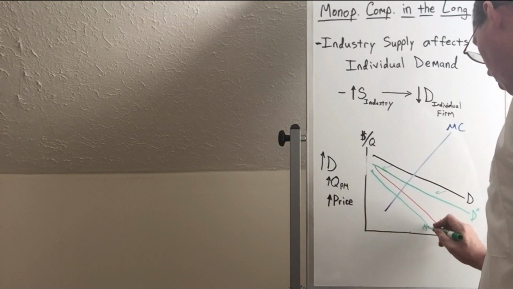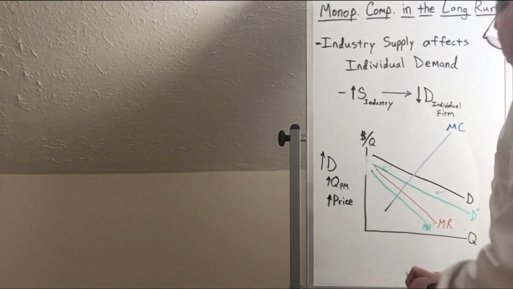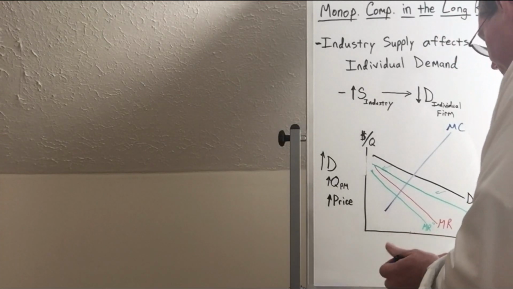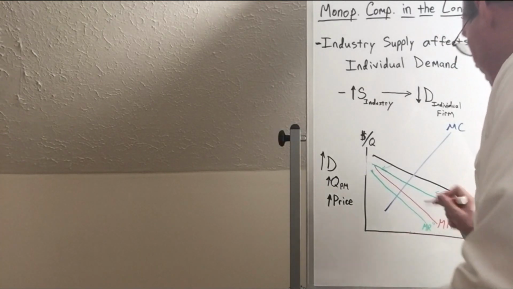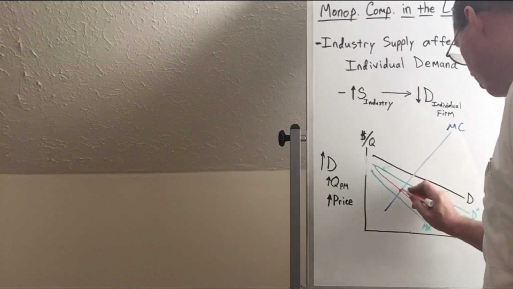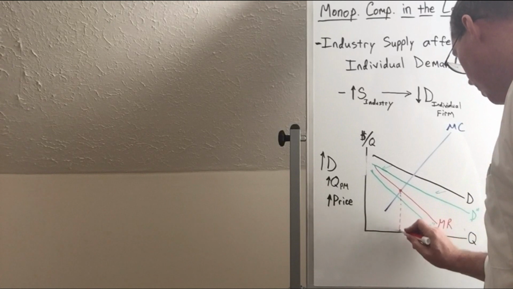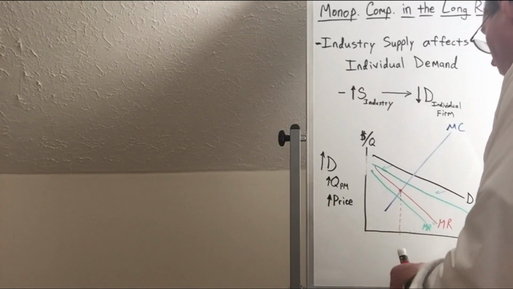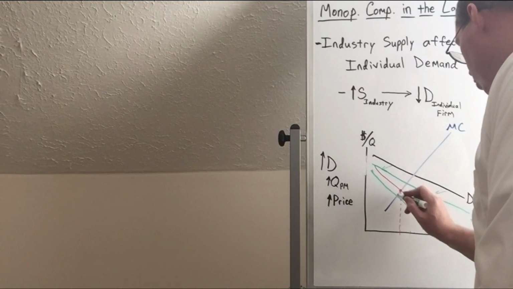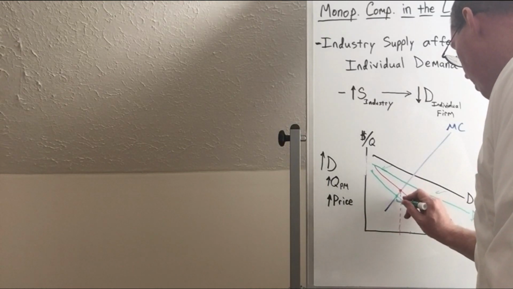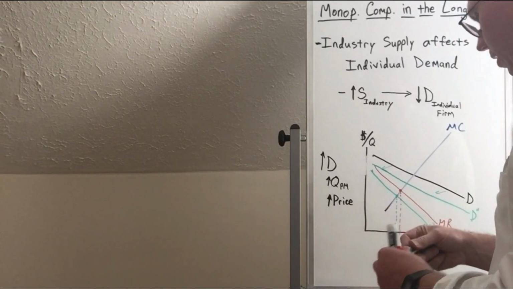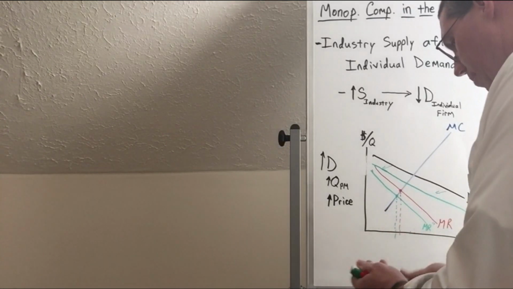That's MR double prime. We have a decrease in marginal revenue. Then our previous quantity was here, where marginal revenue intersects marginal cost. But now our new quantity is where the new marginal revenue intersects marginal cost, and you can see that there is a leftward shift in the profit maximizing quantity.